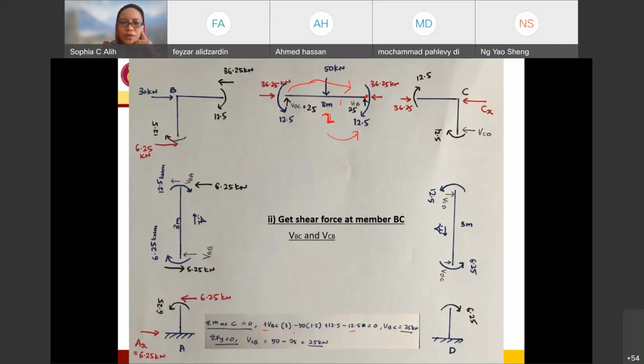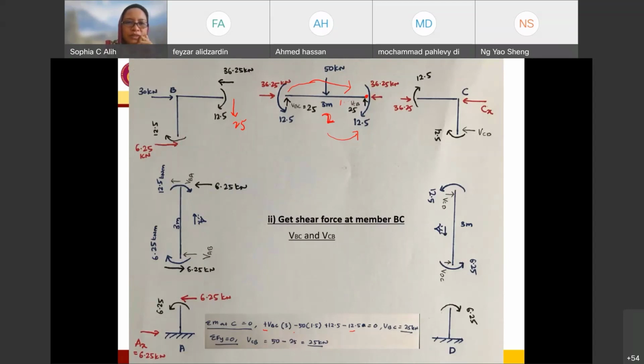Now, if I have 25 at this one, I can balance it towards the B joint. If I have 25 pointing upward, I have to balance this with 25 pointing downward. Since there are no other external or internal forces over here, I can balance this one with another force at the end.